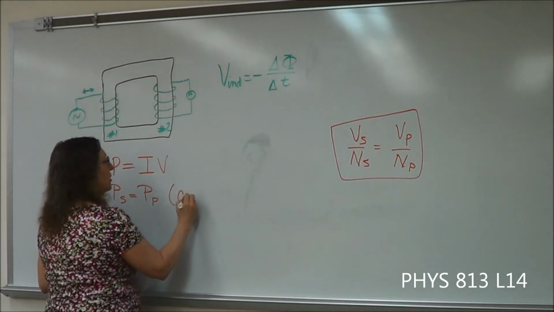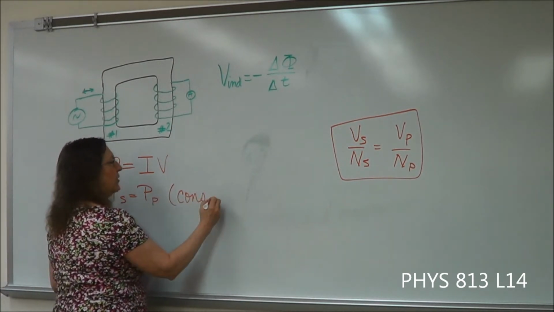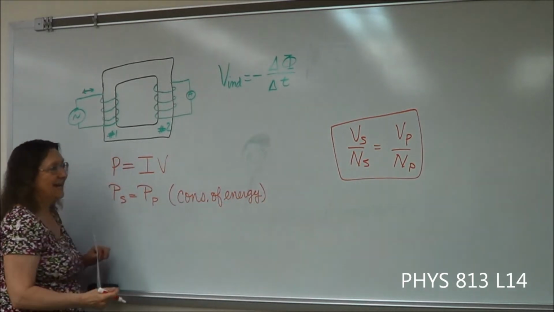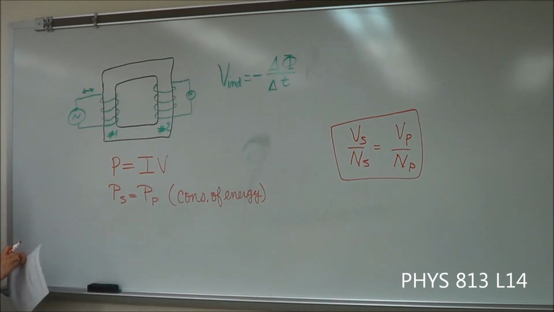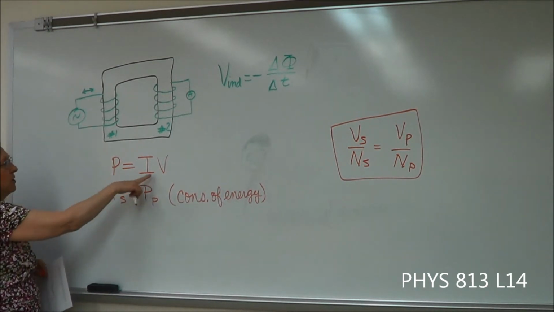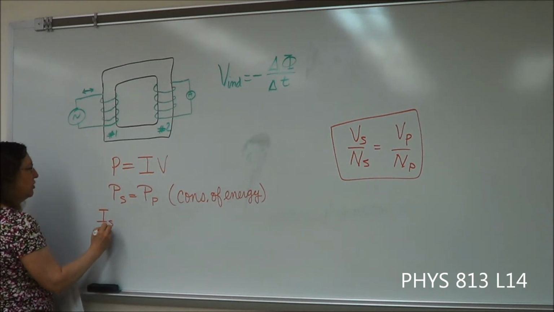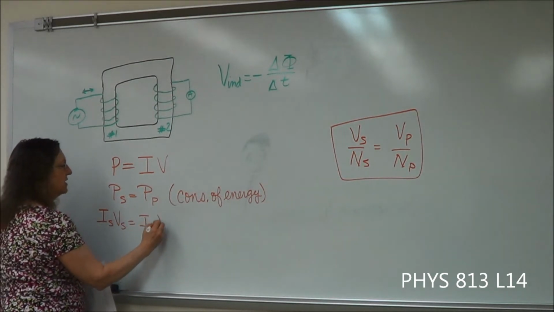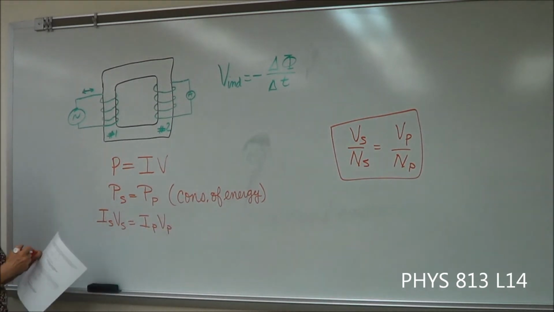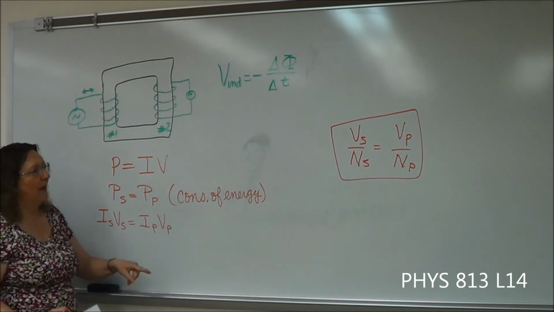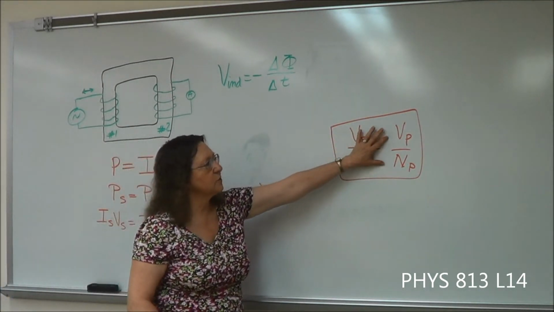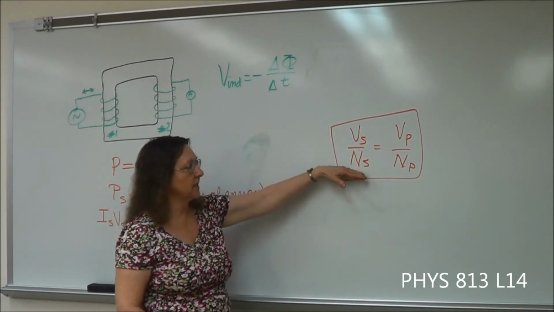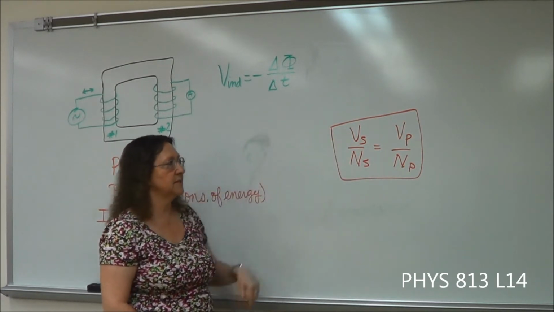This is based on conservation of energy, so you can't get out any more energy than you put in. Power is current times voltage, so we have current of the secondary times voltage of the secondary equals current of the primary times voltage of the primary. Now, if we go back to this, it was in terms of ratios. If we had more turns in the secondary, we got more voltage in the secondary.